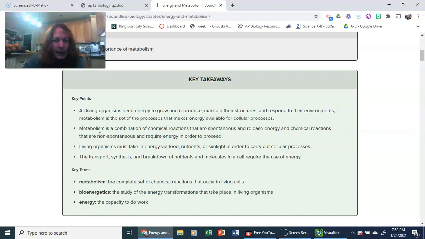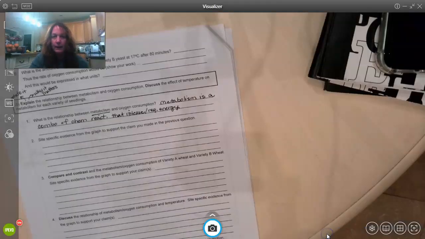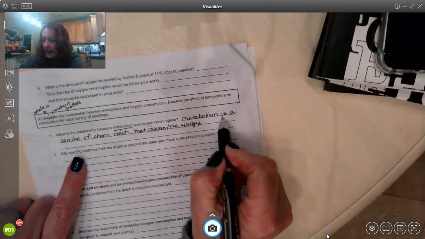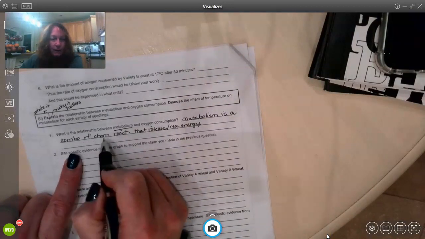So a combination of chemical reactions that release and require energy. So if we go back here, this is what I wrote, that metabolism is a combination of the chemical reactions.